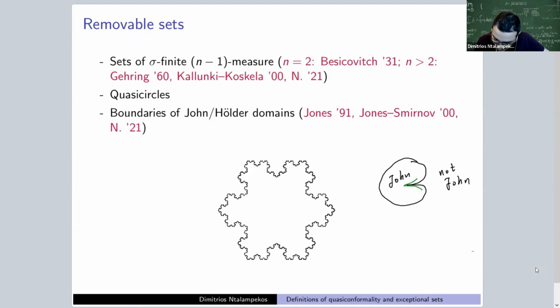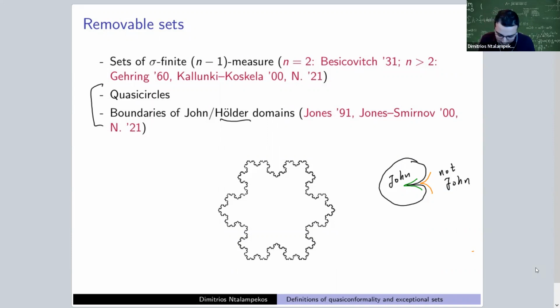The exterior has an outward cusp, so it's not John. Now, Hölder domains are a further generalization of John domains, which also allow for some outward cusps, but not too many on average. So there is some integral condition that controls the cusps. So again, one could say that these two classes of sets are removable for geometric reasons that have to do with cusps.